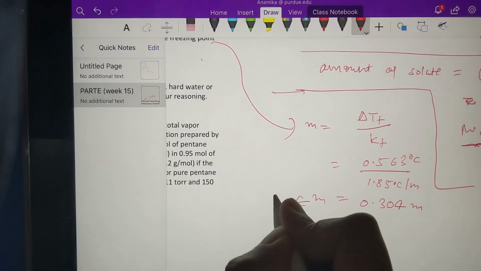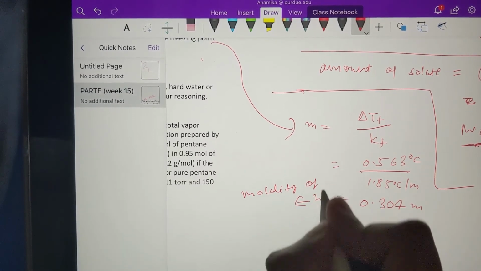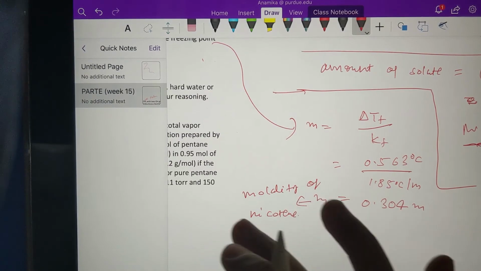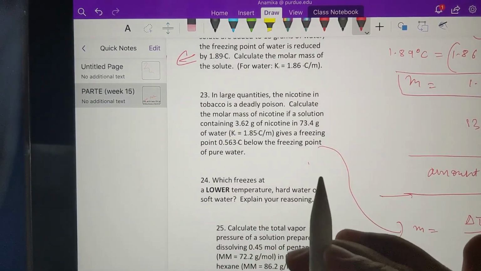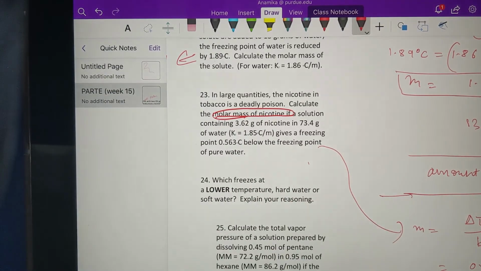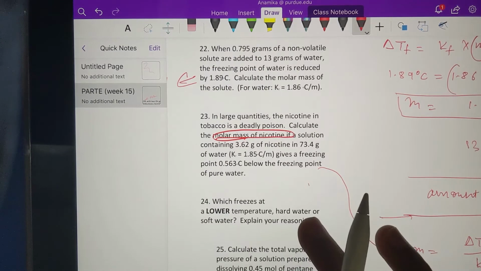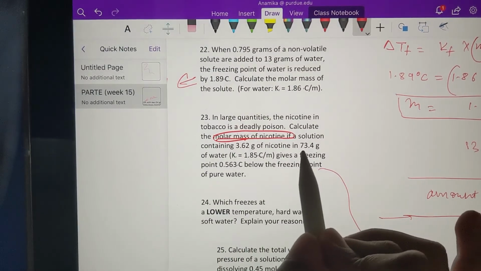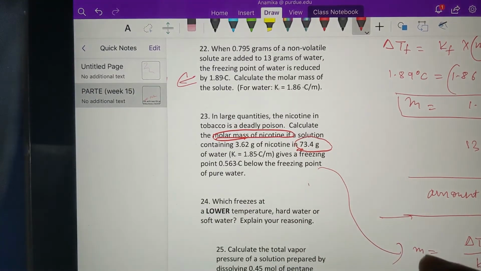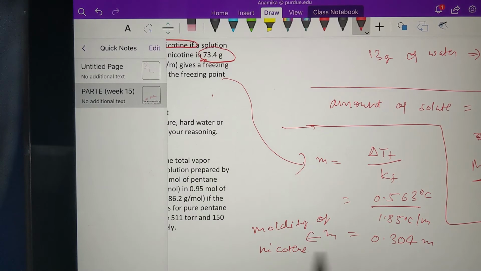So remember, this is the molality of nicotine. Okay, but the question is asking you the molar mass of nicotine. Okay, so you have to convert the mass of water first to kg and then multiply that with the molality.